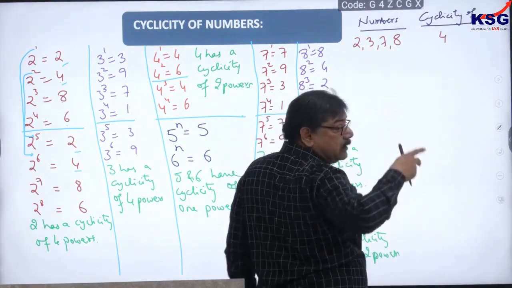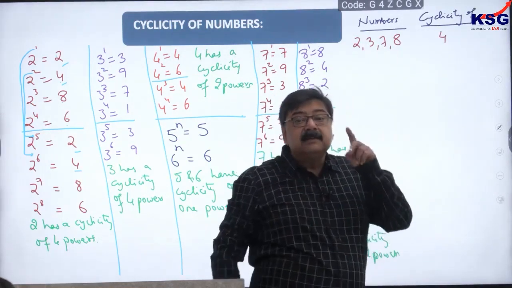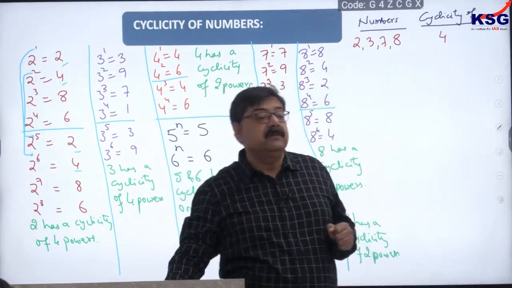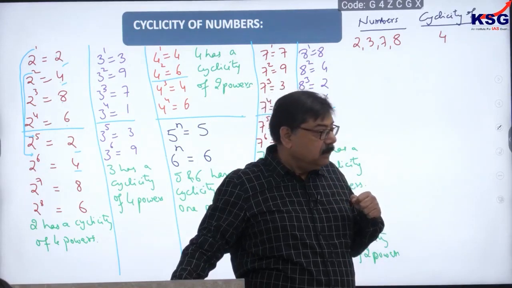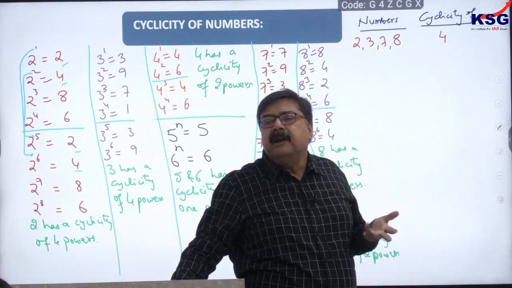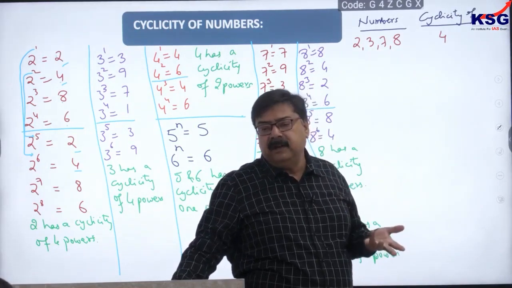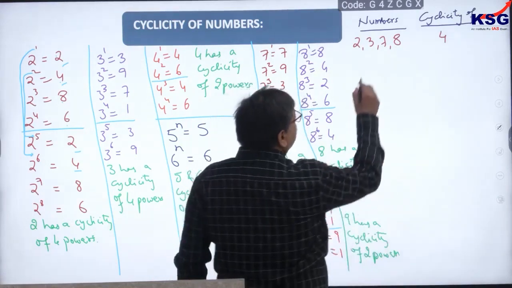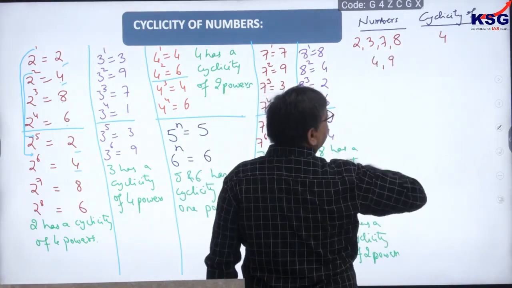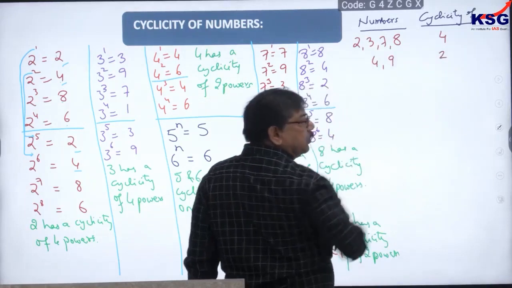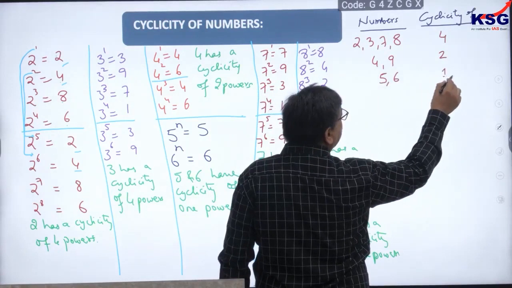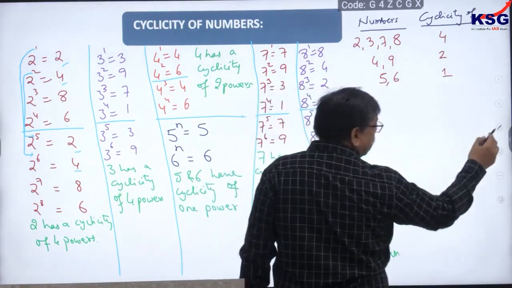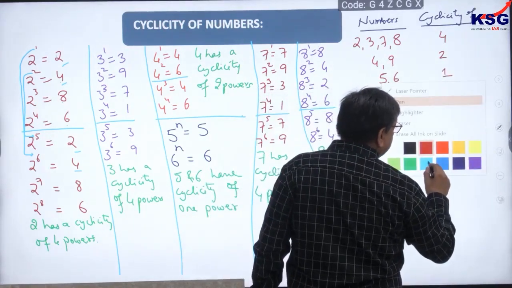There are 3 single digit numbers which are squares. Which are those? 1, 4, 9. 1, obviously, we are not considering, because 1 to the power of anything will give us 1 only. So 4 and 9 have cyclicity of 2 powers. And 5 and 6 have cyclicity of 1 power. And this is what you need to remember.